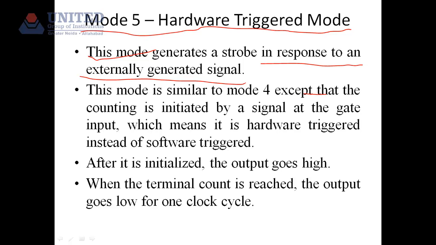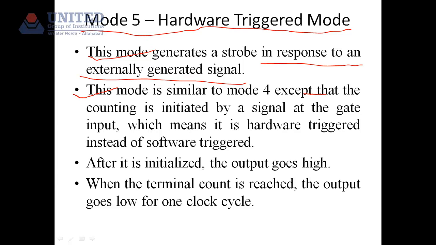Hardware triggered mode is something where the strobe or triggering is done from some hardware parameters: your power supply, your jumper, your short circuiting, your time delays, your external peripheral delays, or your external peripheral interrupts. These are all known as hardware interrupts. What are hardwares? Which we can see, touch and feel.